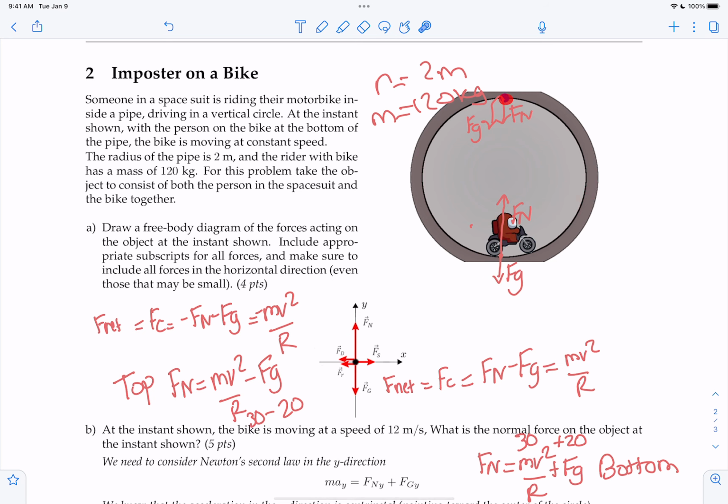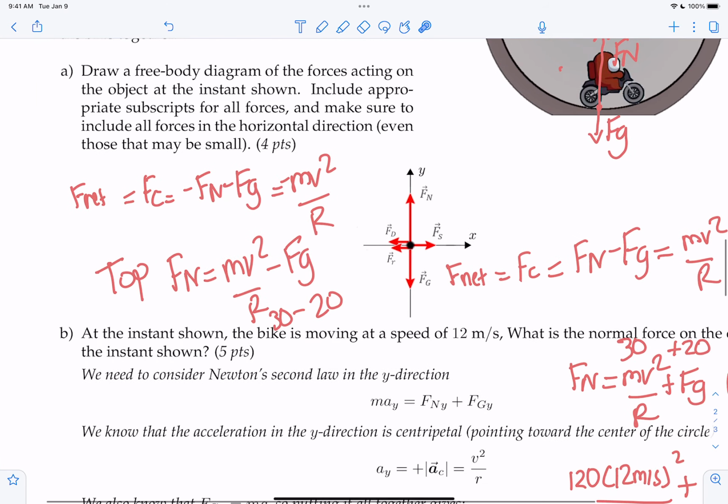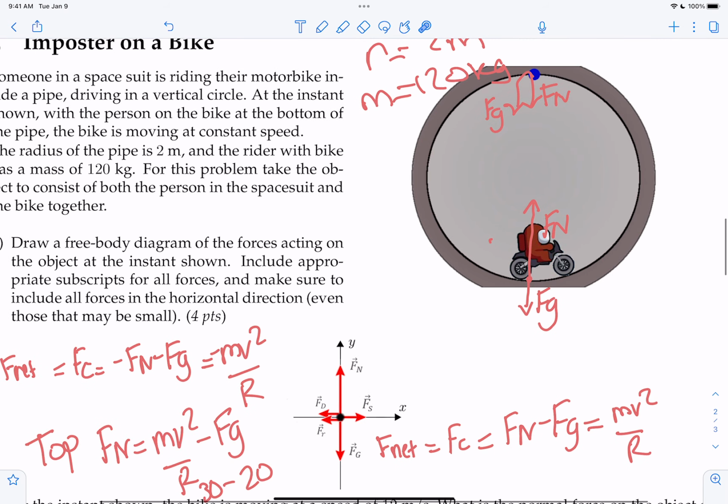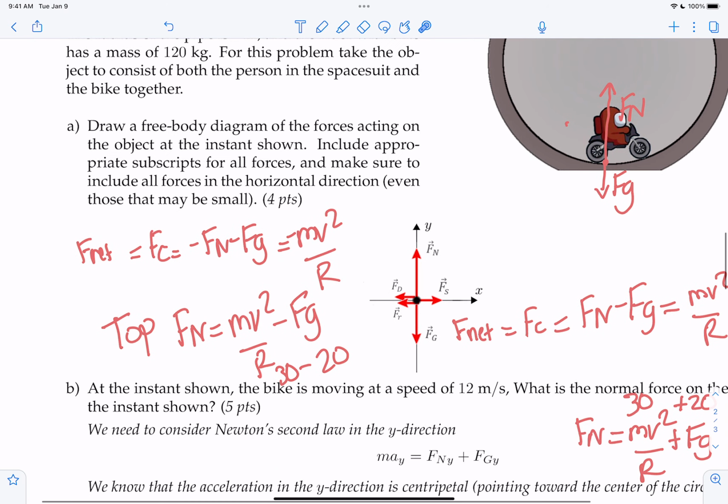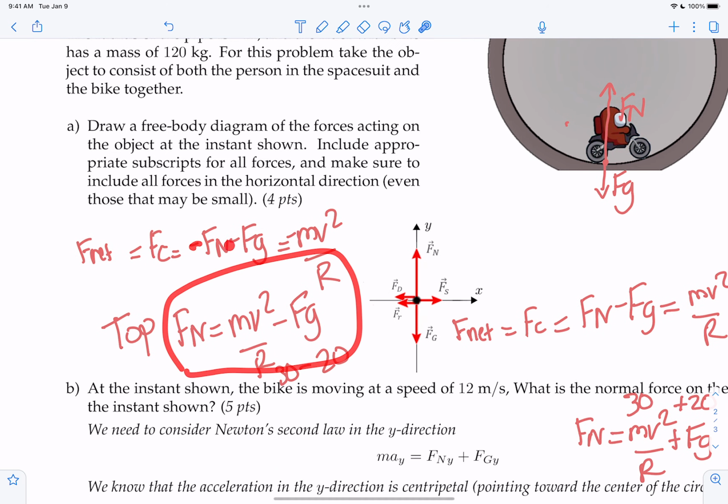Well, what about the top? We have Fn towards the bottom and Fg towards the bottom, right? So both of them are directed downwards on the negative y-axis. So in this case, we have to set up this equation and see how they compare. Well, normal force in this case and gravity are both contributing to the centripetal acceleration because they're both pointed radially inwards towards the center of the circle. But we can see by the manipulation of the equation here, we said negative Fn minus Fg is equal to negative mv squared over r.